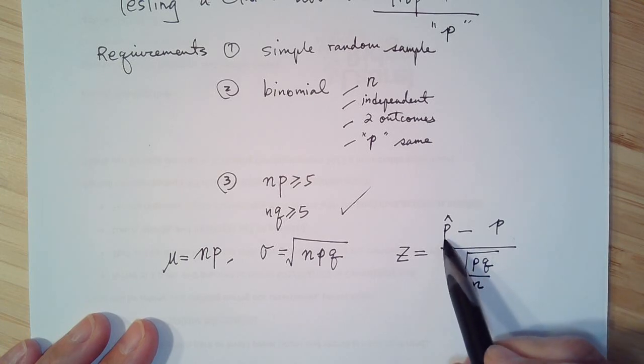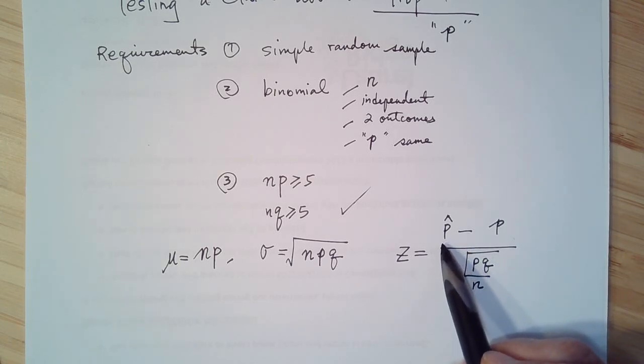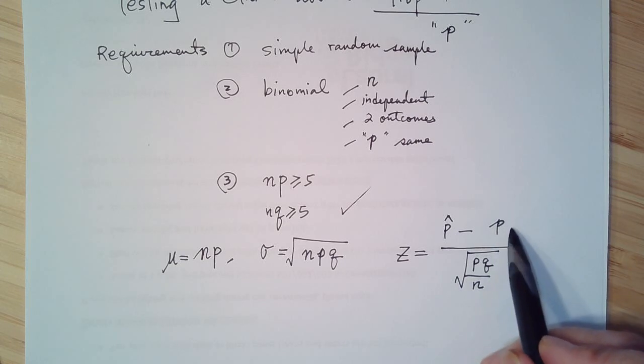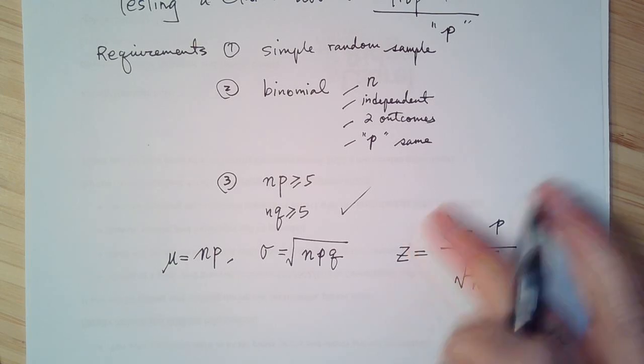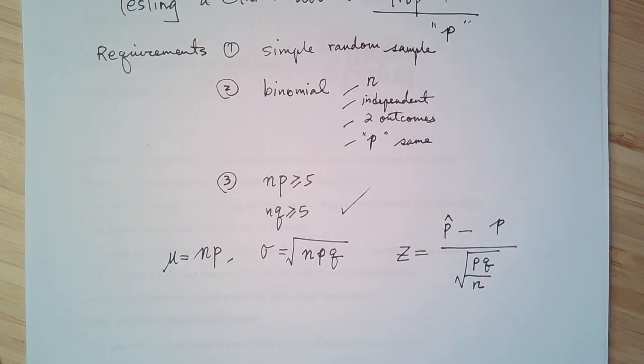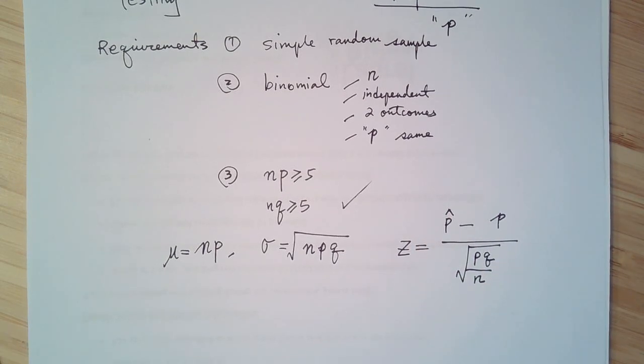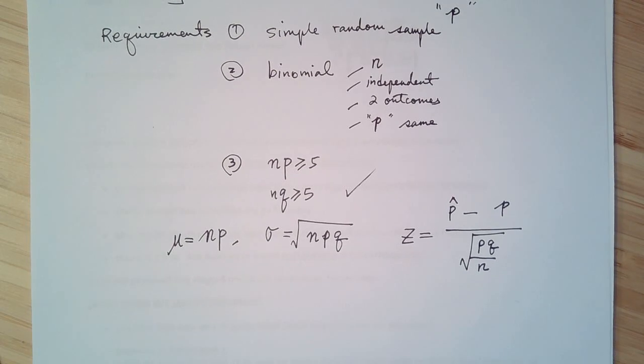You subtract what the null hypothesis says about the population proportion, divided by the standard deviation, and you get the test statistic. Then you can compare that with your critical value or find the p-value.